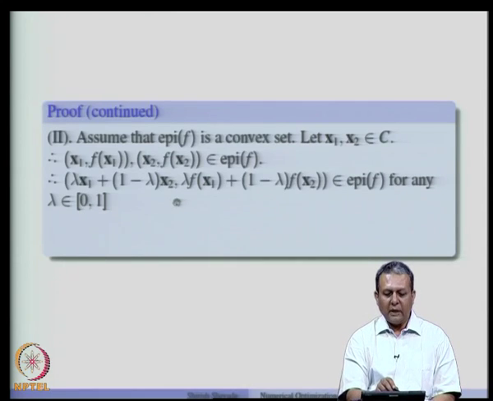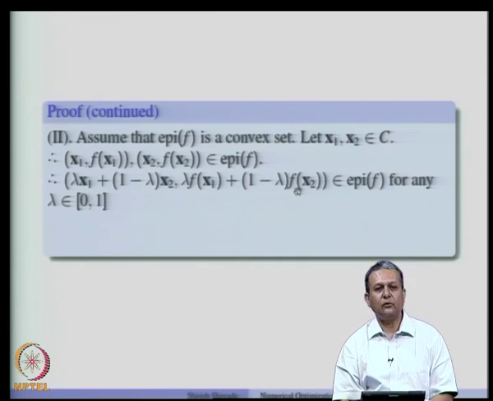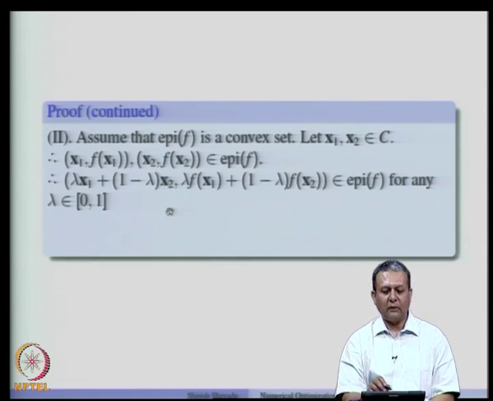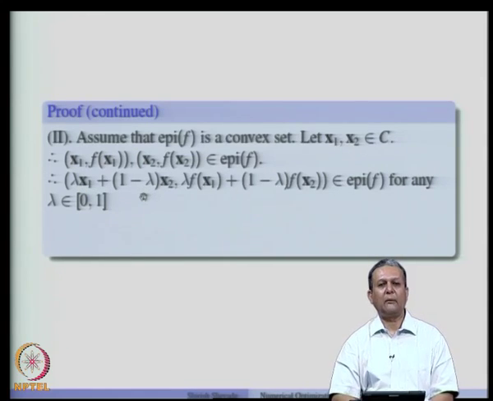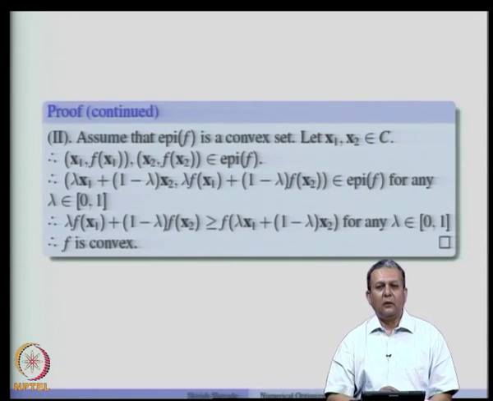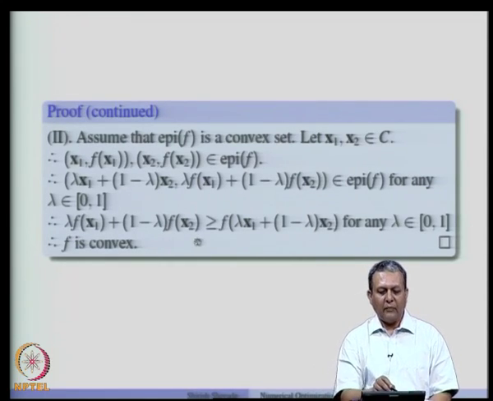Now, by the definition of epigraph, since this point belongs to the epigraph, what we have is lambda f x1 plus 1 minus lambda f x2 greater than or equal to f of lambda x1 plus 1 minus lambda x2. So, this value, which is a real number, is greater than or equal to the value of the function at the point lambda x1 plus 1 minus lambda x2 for any lambda in the closed interval 0 to 1, and therefore, this function is convex.